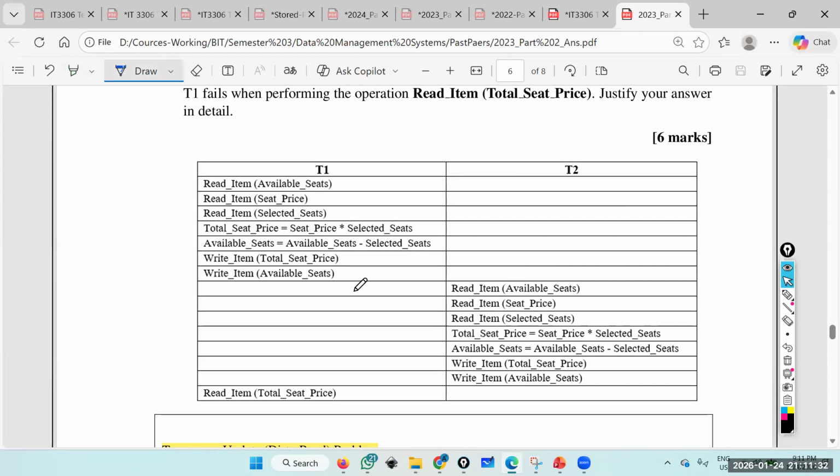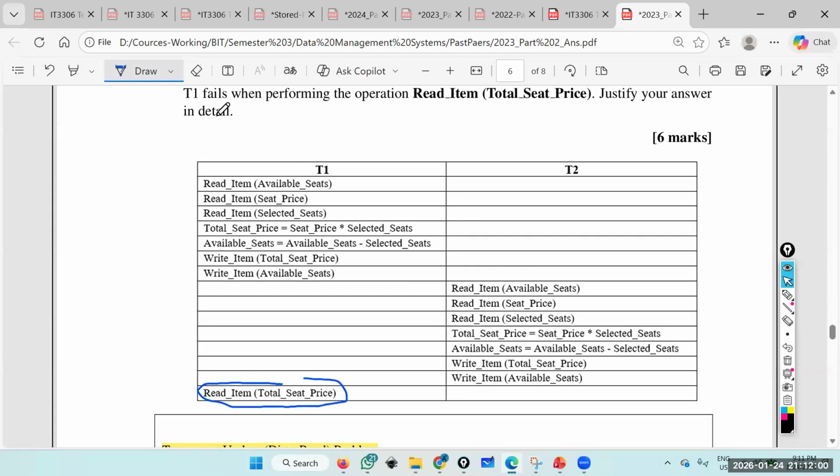Read the item. Do we have it here? No, it must be. Read item. I want the last one of the T1. Yes. Read the item total seat price. So this one, right? Yes.